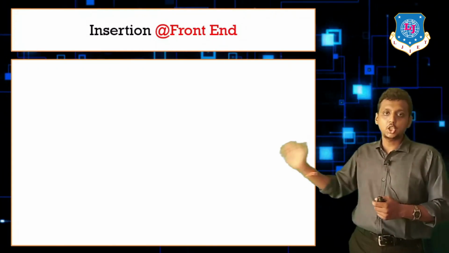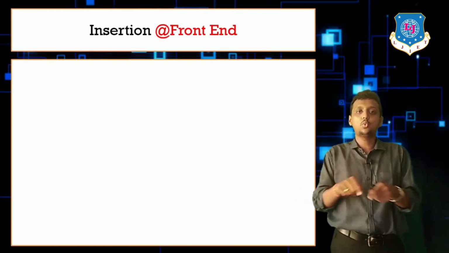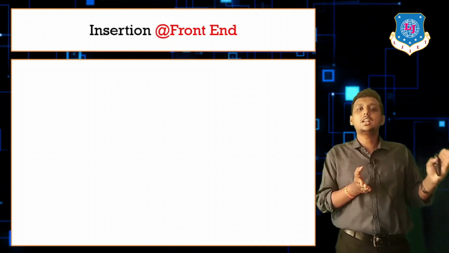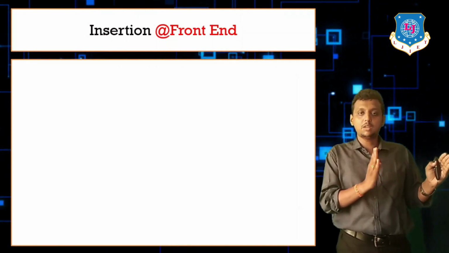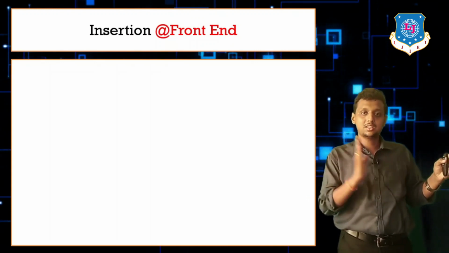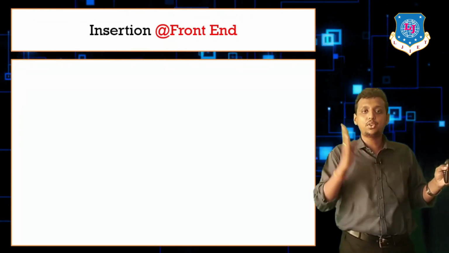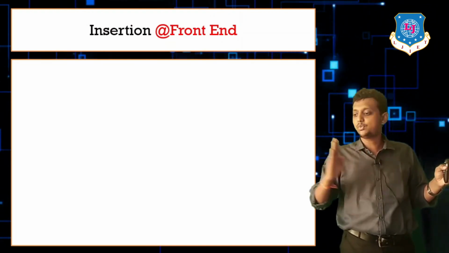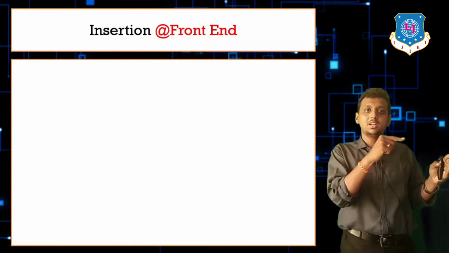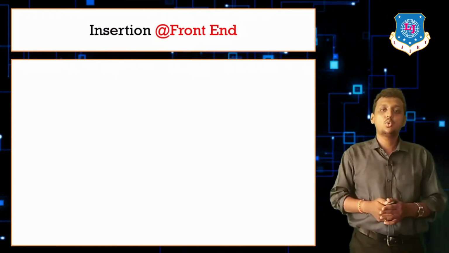If this is my queue, and this is my rear end and this is my front end, my insertion goes like this, deletion goes like this. So when I want to insert something at the front end, you need to decrement your front pointer. My insertion goes in this direction, my deletion goes in this direction. Fine, so let me show how it works.